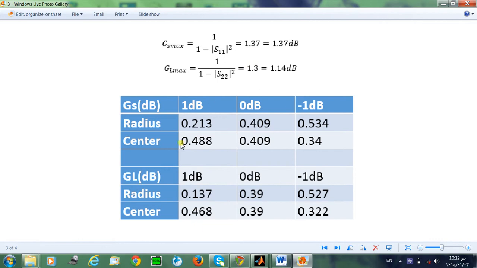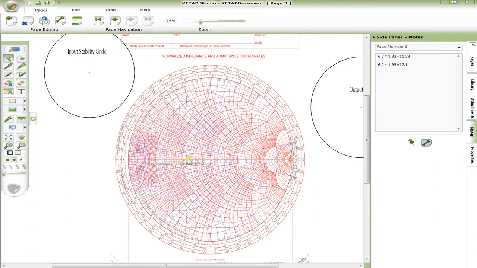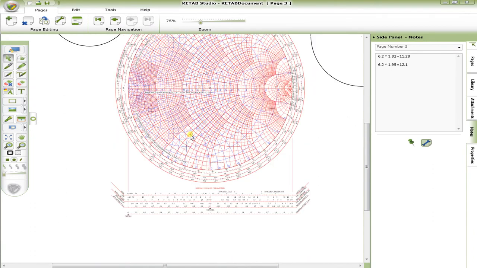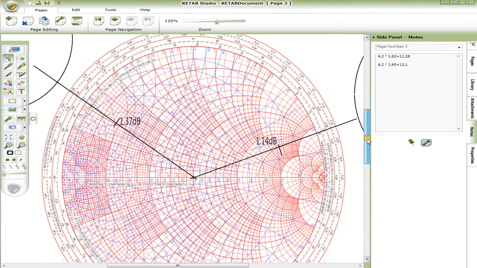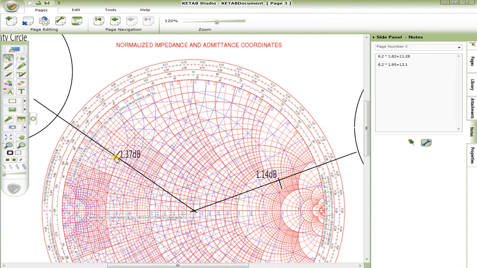But before we start drawing these circles, we have to point out our maximum gain at the input and maximum gain at the output on the Smith chart, with the same phase as S11. Now we pointed out our two maximum gains, this one the input and this one the output.